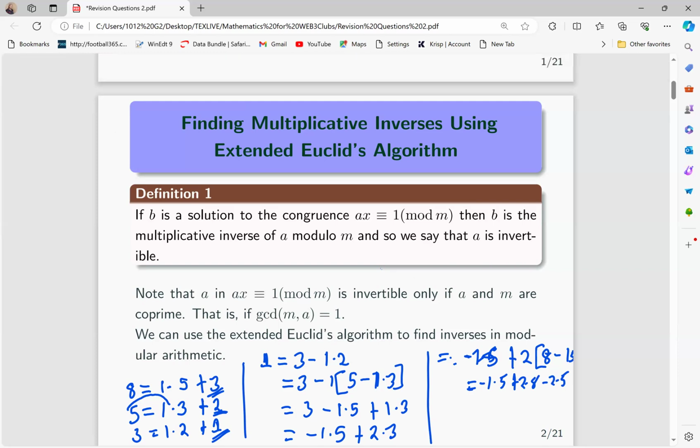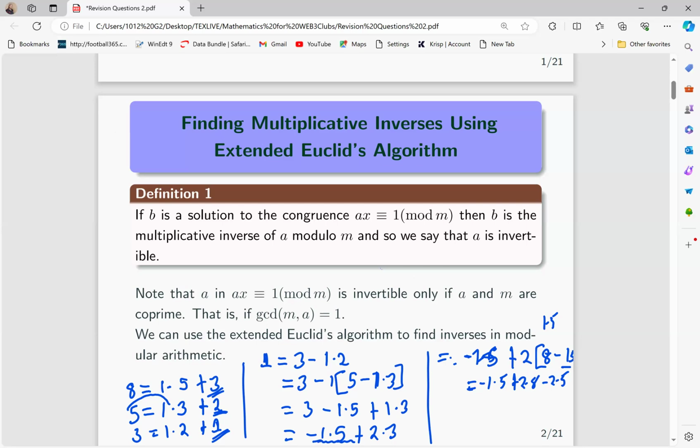Is that okay? This is 1 multiplied by 5, this one, from here. Negative 1 times 5.